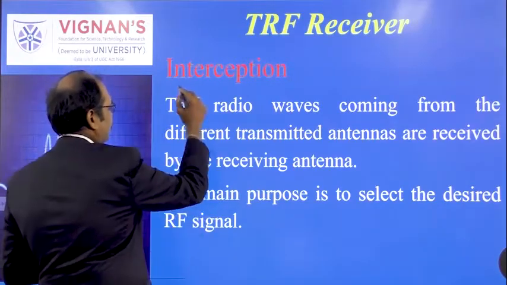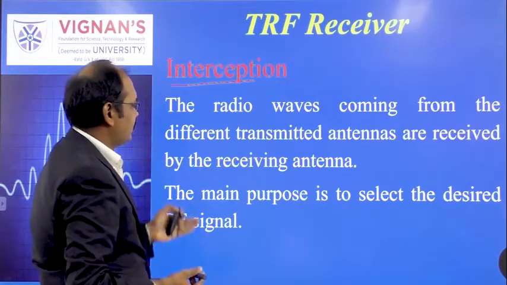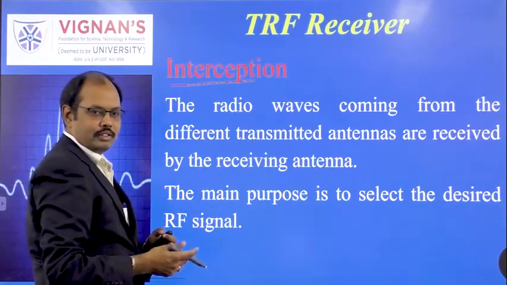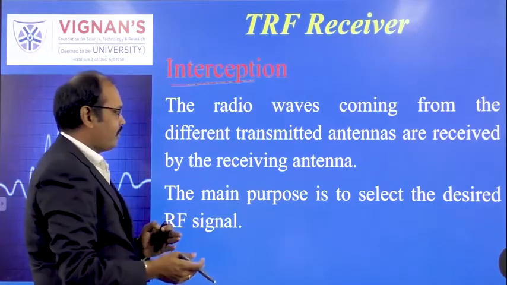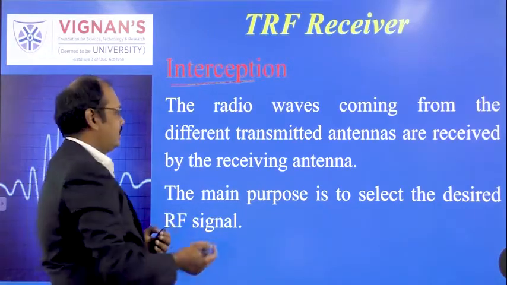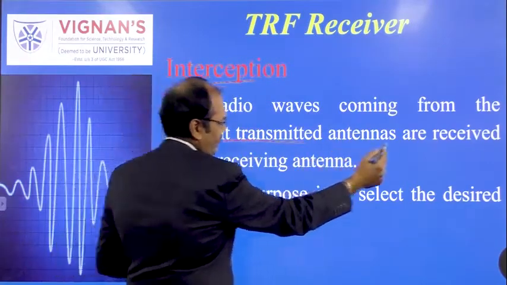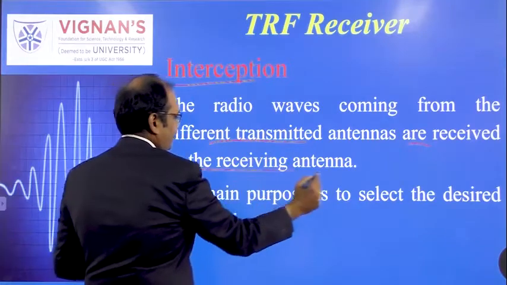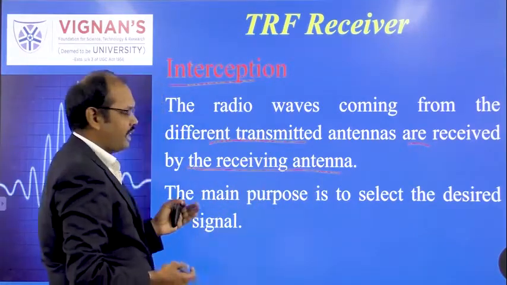First one is the interception. Interception means, so many radio waves are coming, so the receiver has to intercept with the proper frequency and receive the signals. Radio waves coming from different transmitting antennas are received by the receiving antenna. So at the receiving antenna, many signals will be coming.